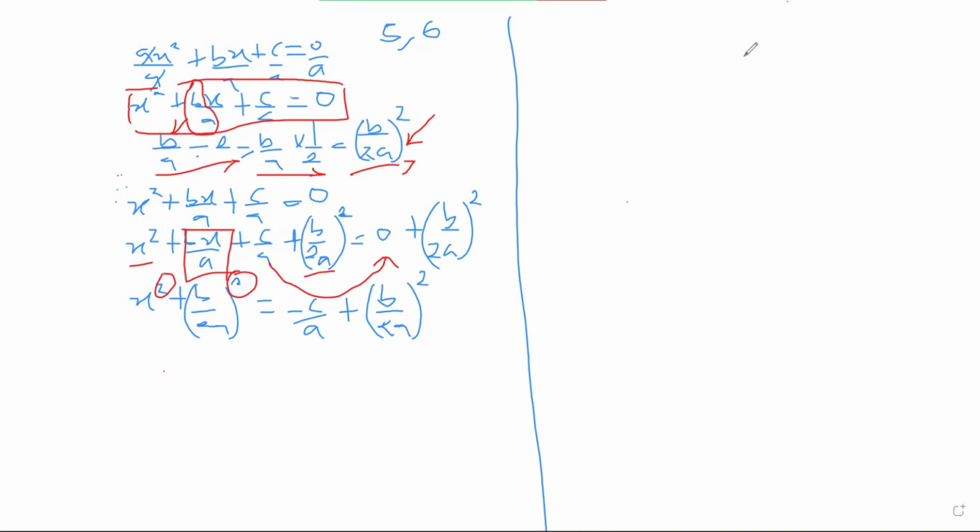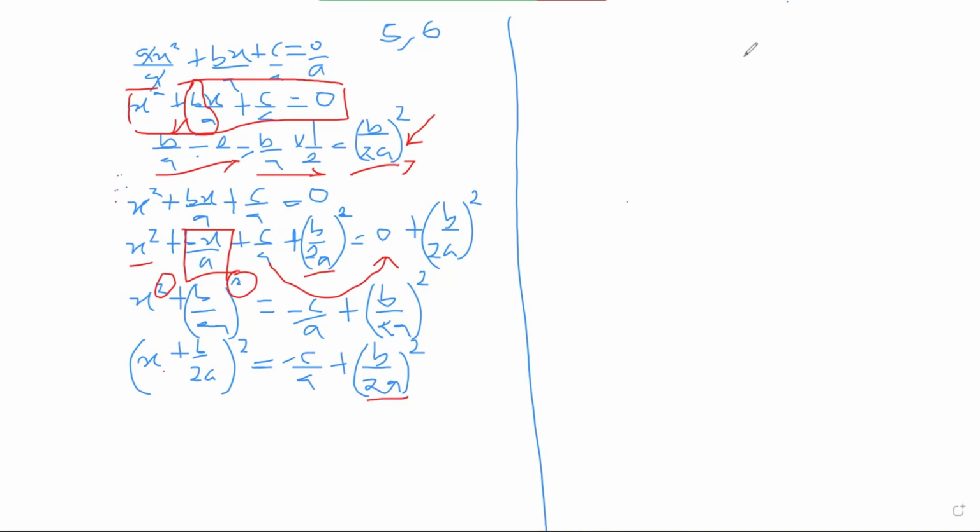Bringing them together, we are going to have x plus b over 2a, everything all squared, equals minus c over a plus b over 2a, everything here all squared. All right, we are getting closer to our answer. Moving on from here, we can simplify our right hand side here.